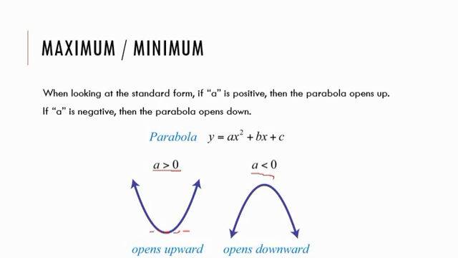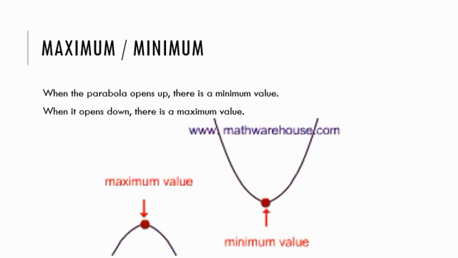If A is negative, then the parabola opens down, and there will be a maximum. So if it opens down, maximum value, and if it opens up, minimum value at your vertex.